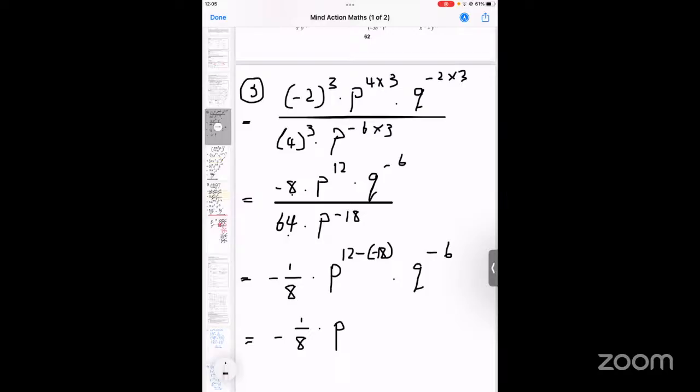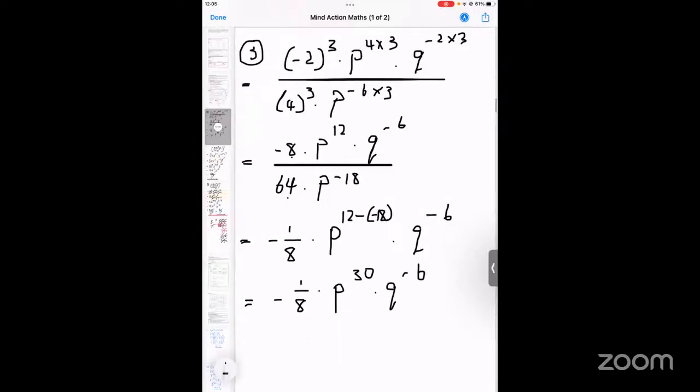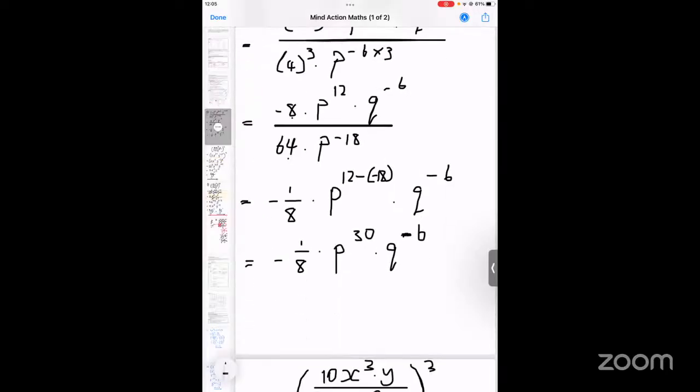It'll be 30. So that means we end up having at the top, it's fine. You mustn't forget the negative. You can still write negative 1, or 1, and then p to the 30 over 8. This one, you bring it to the bottom because it's a negative, then you rewrite it as a positive.